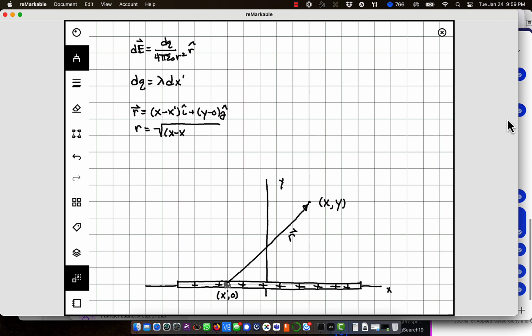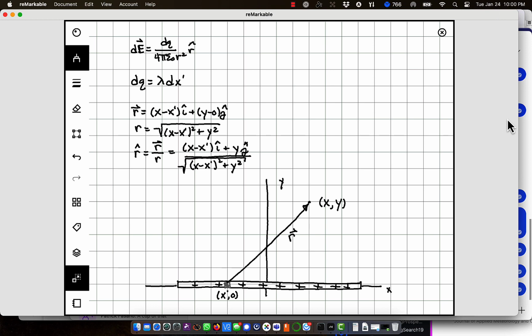So it's endpoint minus starting point. R magnitude is just the square root of the sum of the squares: the square root of x minus x prime squared plus y minus 0 squared. And then r hat, the unit vector, is r vector over r magnitude. So it's x minus x prime i plus y j over the square root of x minus x prime squared plus y squared.